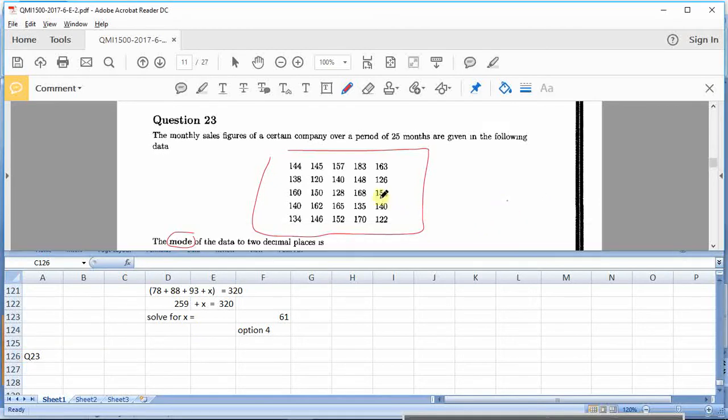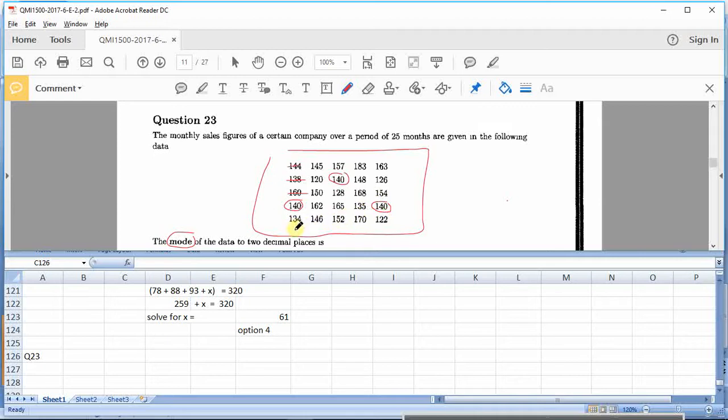Let's check. 144. How many 144s do I have? 1. So that's out. How many 138s do I have? 1. So that's out. How many 160s do I have? 1. That's out. How many 140s do I have? Oh, I've got a few. 1, 2, 3.